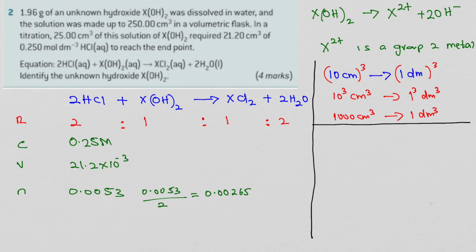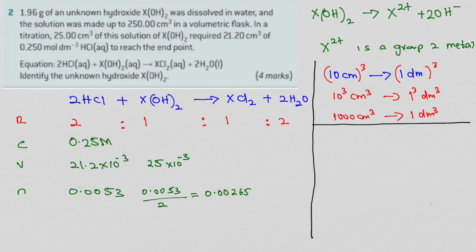And the volume for the base, we know we've used 25 centimeter cube, and if we convert that to decimeter cube, it will be 25 times 10 to the power minus 3. That meant it's been divided by 1,000. Okay, so now the mole for the mass.